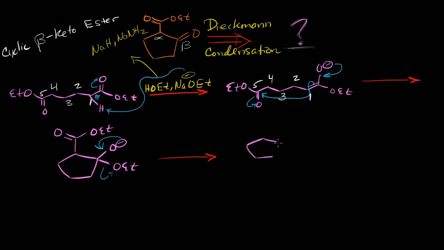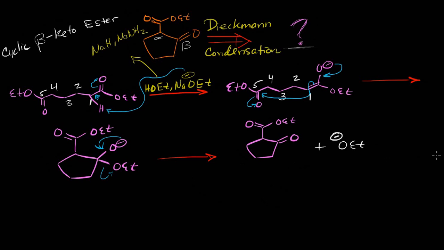And I say almost because there's that small caveat that was in the Claisen condensation that we had to look out for. And that was that now we have ethoxide just floating around in solution.